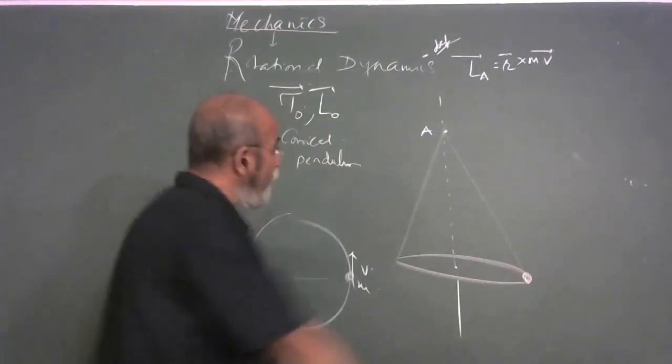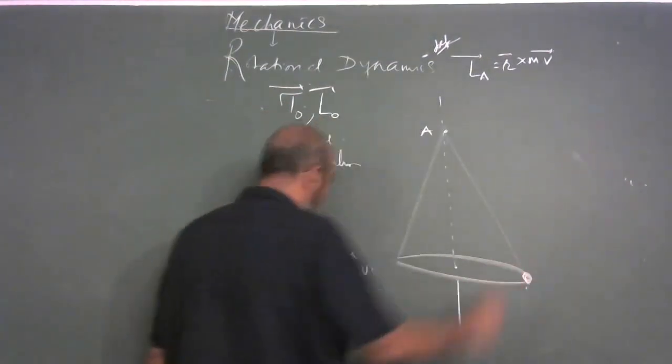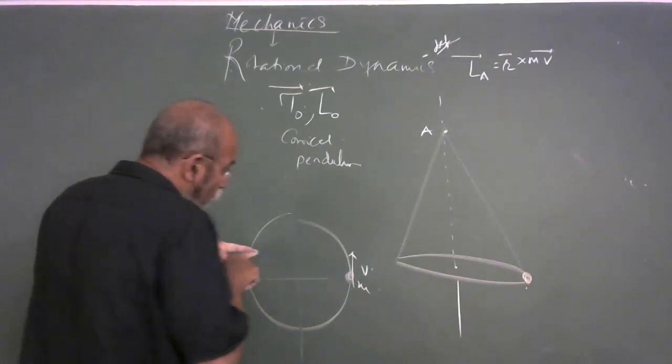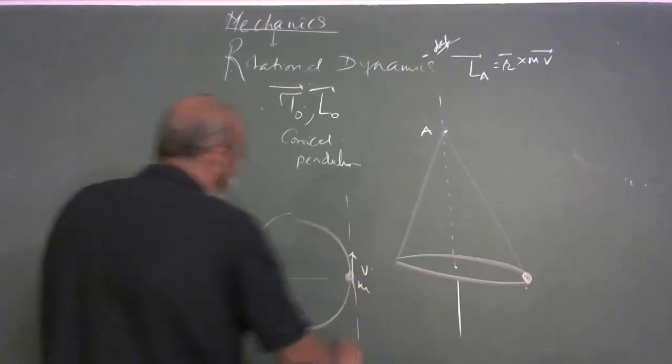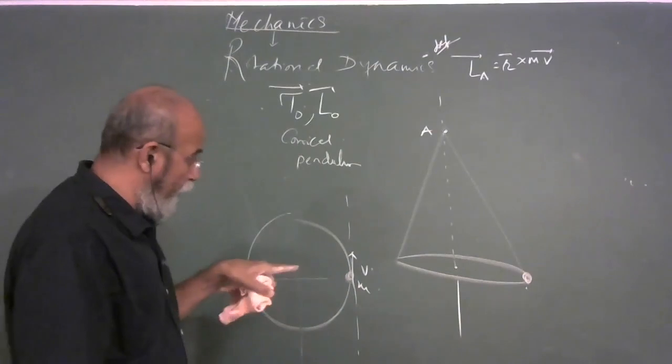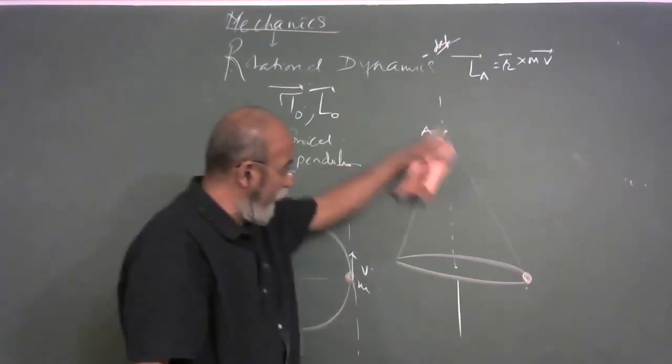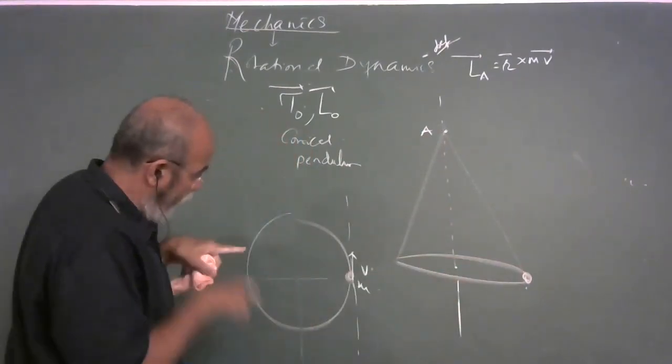R is the position from the reference point to the line of action. From the reference point A, from A to this.